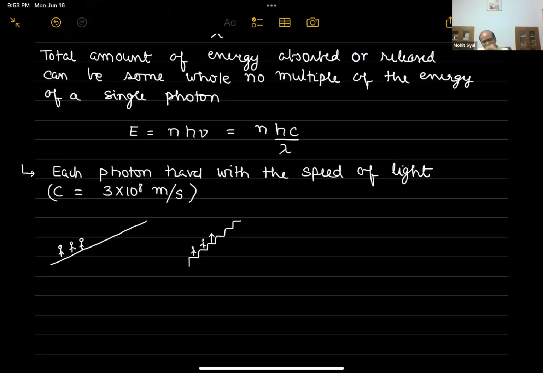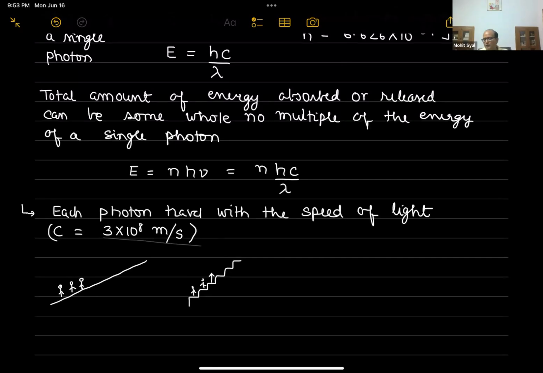So I want to explain this quantum nature because the energy is being released and absorbed in the form of photons or packets. So the energy which is released or absorbed can be an integral multiple of the energy of a single packet. You can't have energy of a photon like this. Can we receive energy from light like this?